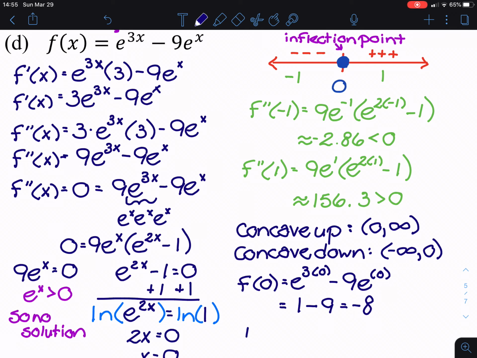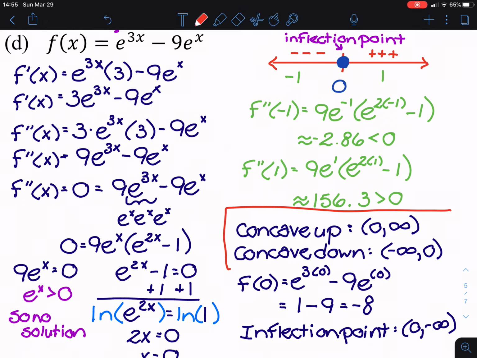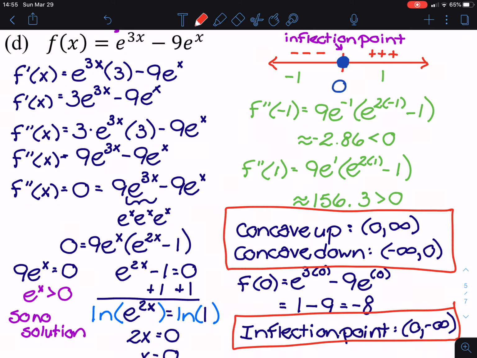So my inflection point is at the point (0, -8). And there are my answers for the intervals where the function is concave up and concave down, as well as the location of my inflection point.